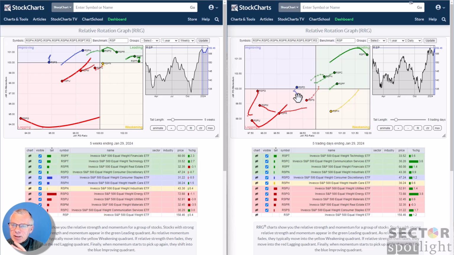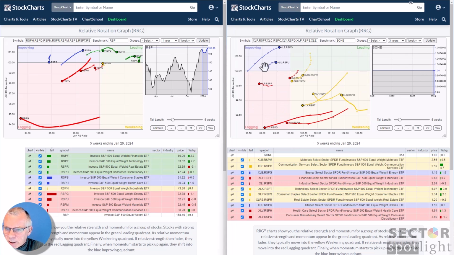And what I found the best way to compare those equal weights and cap-weighted sectors is by creating an RRG that looks at the ratio symbols for each sector. So I have got that prepared for you right here. And if you look at these symbols, these are always the cap weighted relative to their equal weighted counterpart. And the benchmark here is $1. The reason we use $1 is because we're interested in the absolute move of that ratio symbol, because that is already a relative.